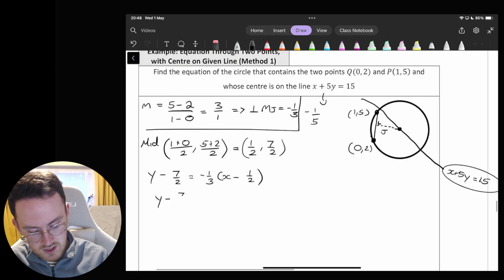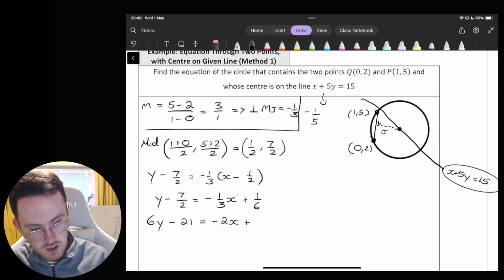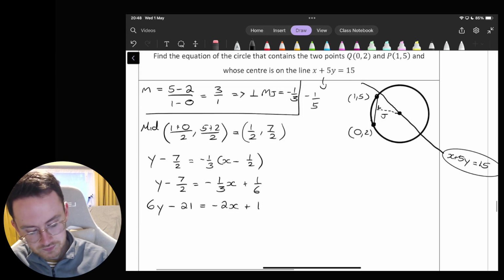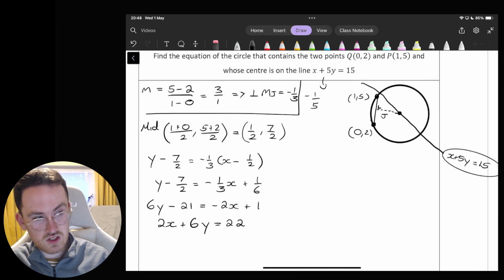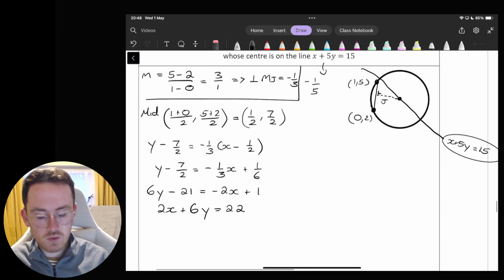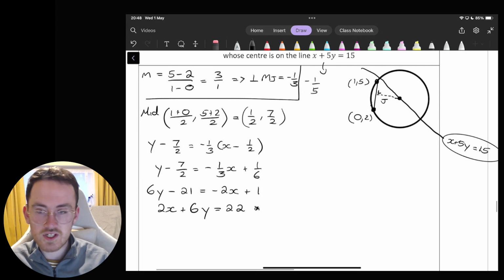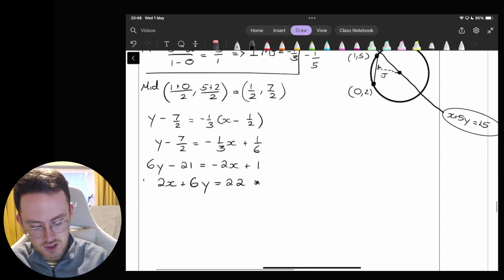Let's simplify all of that by multiplying by 6, so 6y minus 21 equals minus 2x plus 1. Bringing everything to one side, 2x plus 6y equals 22. So I have my one equation here coming from the perpendicular bisector of my chord. That's my equation of line j.